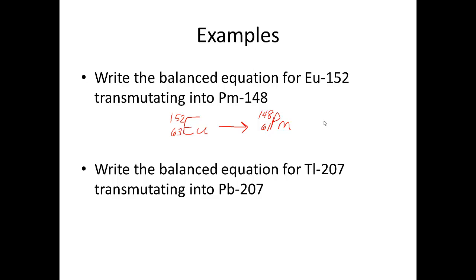And again, keeping in mind, you only have a couple of options. So what's the difference here? 152 minus 148, that's a difference of 4. 63, 61, what particle is that? That's He, the 2, that's the helium. So this underwent alpha decay.